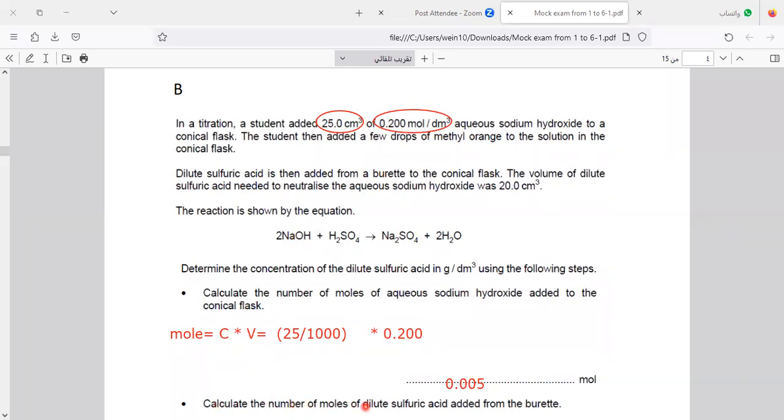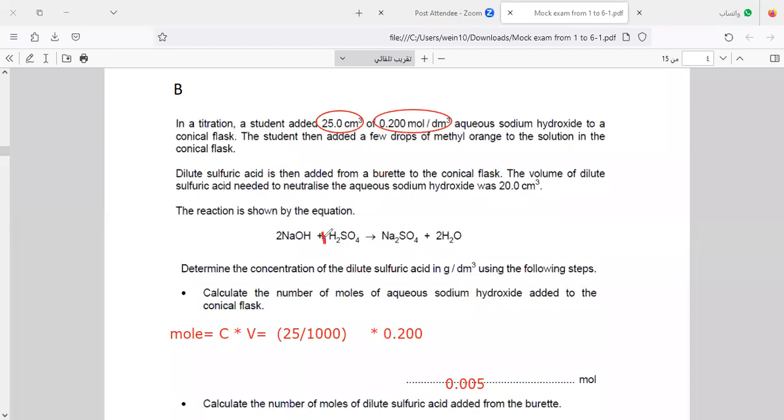Here, he needs the number of moles of dilute sulfuric acid added from the burette. Added from the burette, we need the number of moles of the acid, which is equivalent to the number of moles of sodium hydroxide. Sodium hydroxide here is 0.005. So what about the acid? I will use the mole-mole ratio.